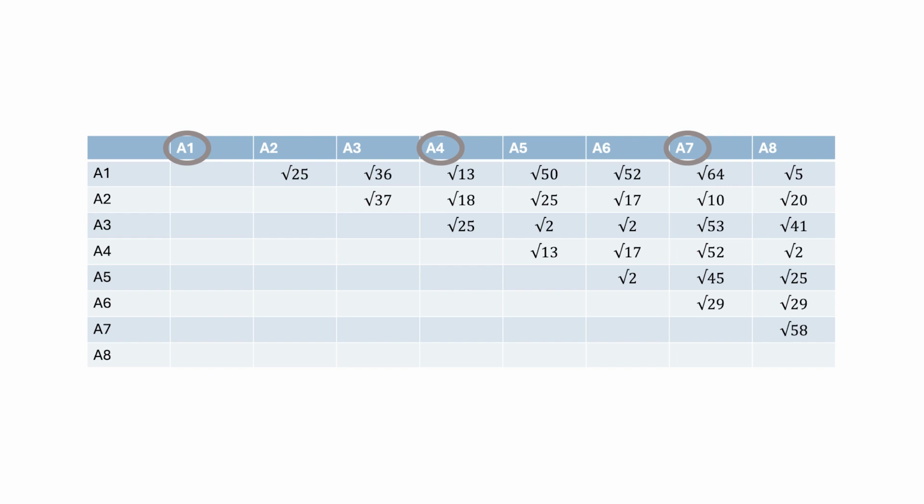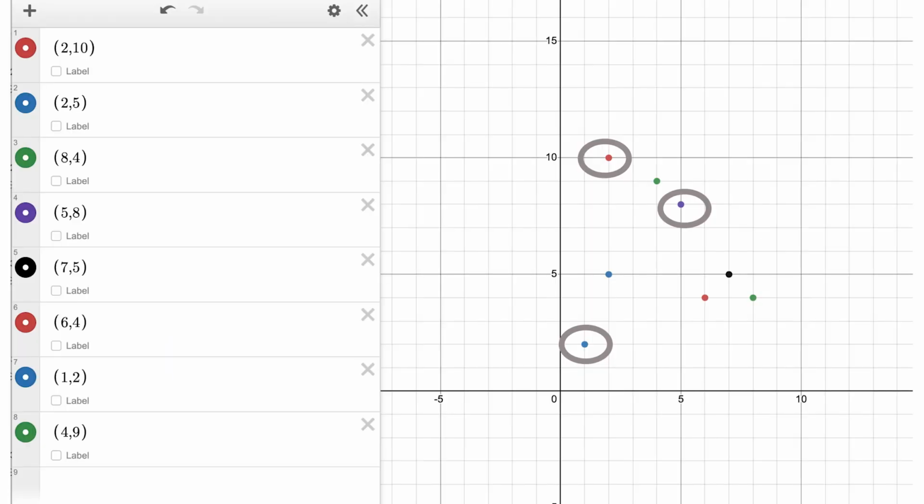Since the matrix is symmetric, I will only consider part of the matrix. After calculating these distances, I can select 3 points, because I'm going to do 3 clusters, to be the centers of my clusters.